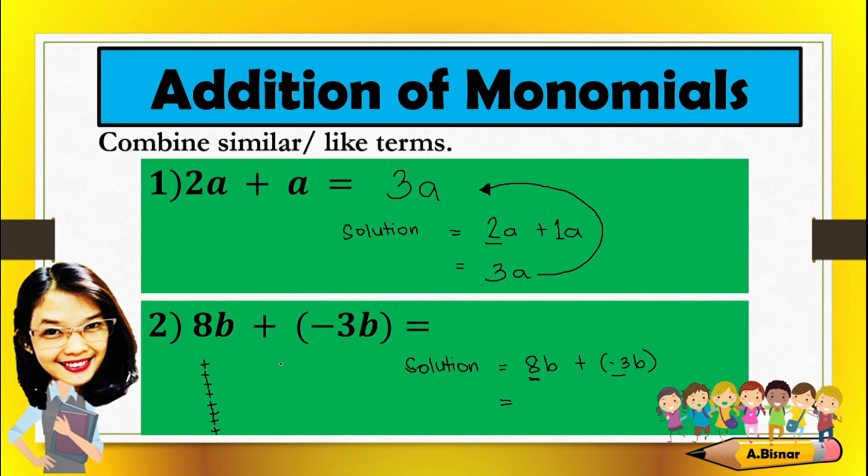And we have 3 negative: 1, 2, 3. From what we have studied about addition of integers, a pair of positive and negative number is equivalent to 0. So this will be 0, 0, and 0. So how many were left? We have here 1, 2, 3, 4, 5. So the answer will be 5 positive or positive 5. And just simply copy the given literal coefficient or the given variable, which is b. And therefore, the answer will be 5b.